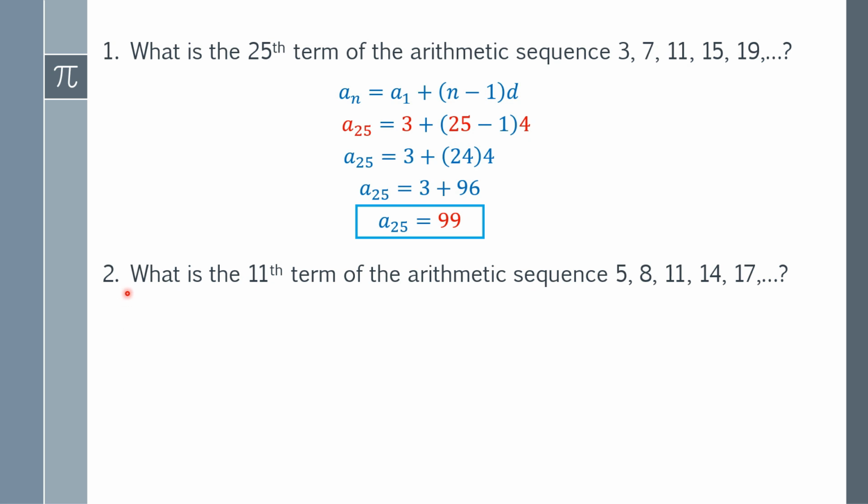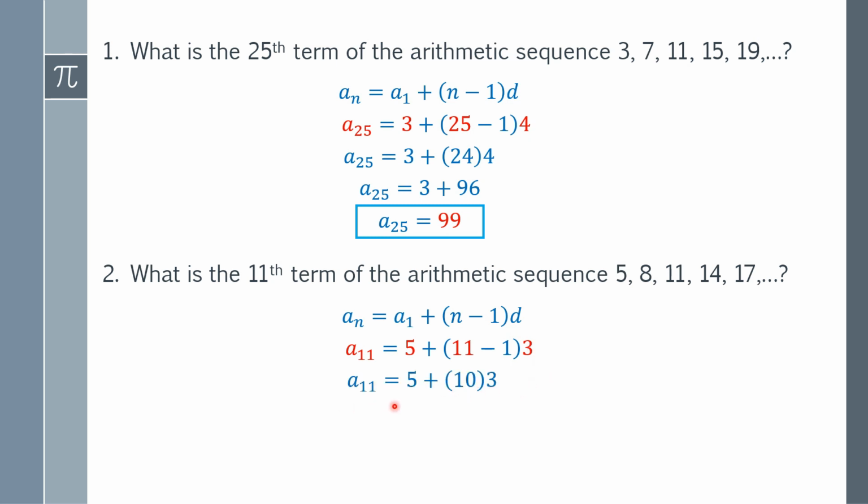Number 2. What is the 11th term of the arithmetic sequence 5, 8, 11, 14, 17? Using the formula, let us now substitute the values. So we have a sub 11, since we want the 11th term. Our first term is 5. Our n is 11 minus 1, and our common difference is 3.